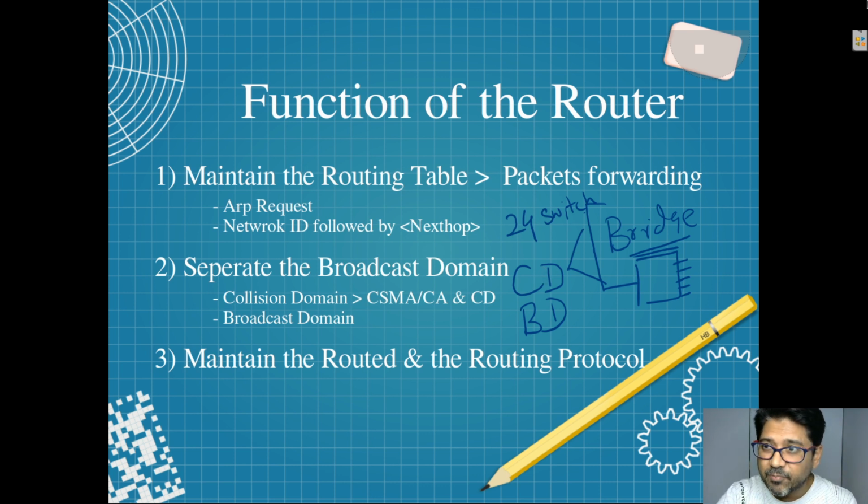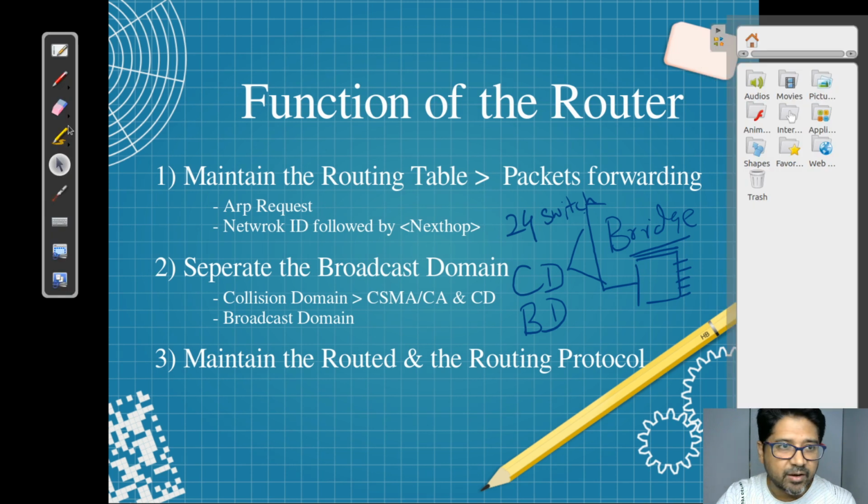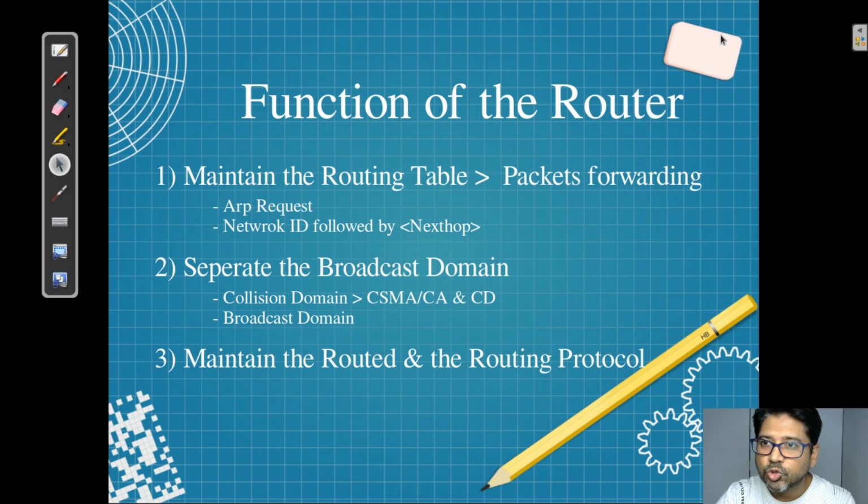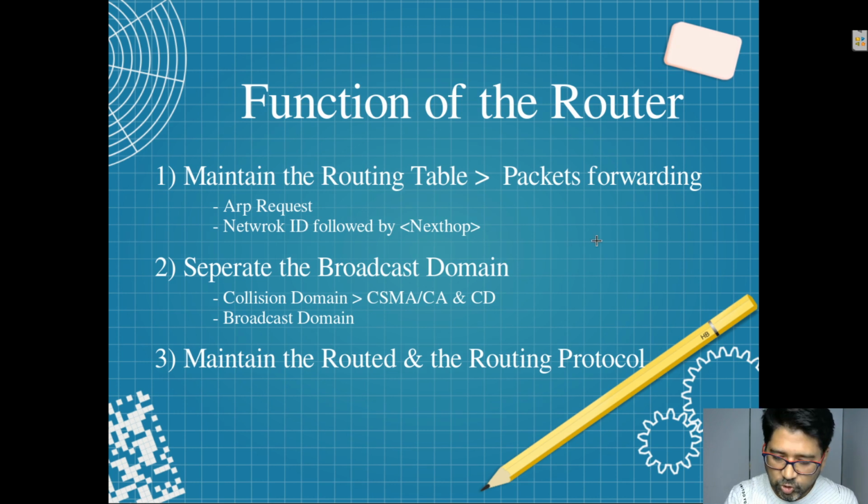If you go to the earlier technology, you can see there is a hub, which belongs to a single collision domain. Now let me draw one example. Suppose this is a hub and it has 8 ports, and whatever packet it receives, it is going to broadcast to each and every port.